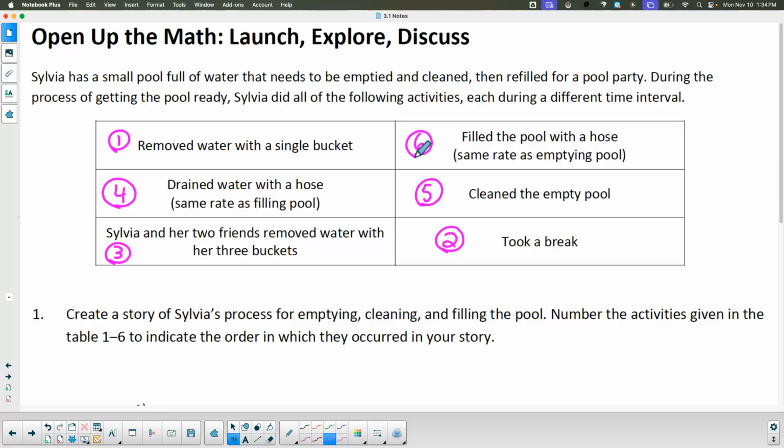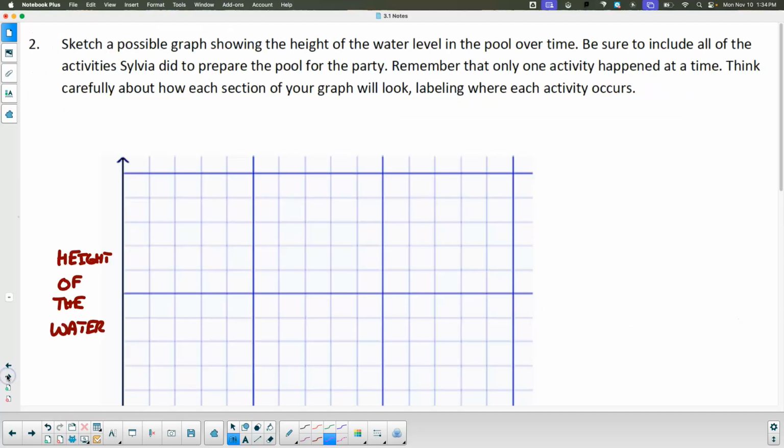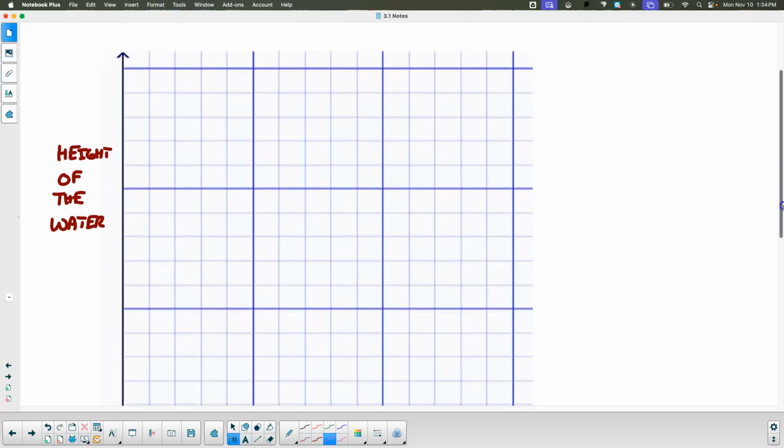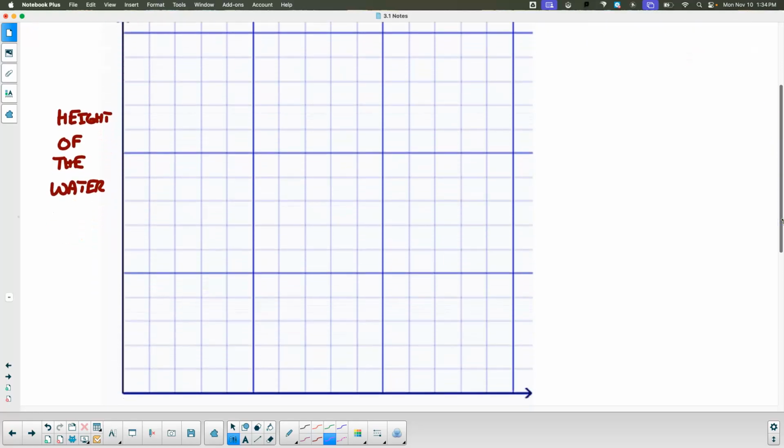Okay. So my story says that I removed it with a single bucket first. So Sylvia, we'll go in different colors here now. Okay, so first off, Sylvia is removing it with a single bucket. With me on that.